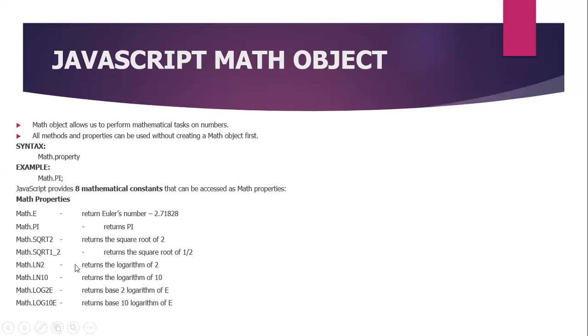Some example Math properties. Math.E returns Euler's number, 2.71828. Math.PI returns the pi value. Math.SQRT2 returns the square root of 2.